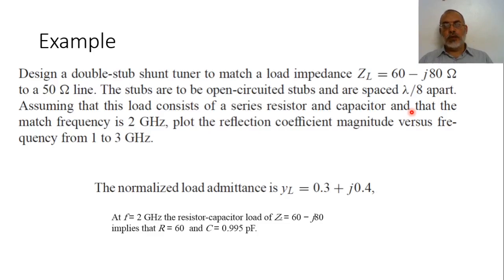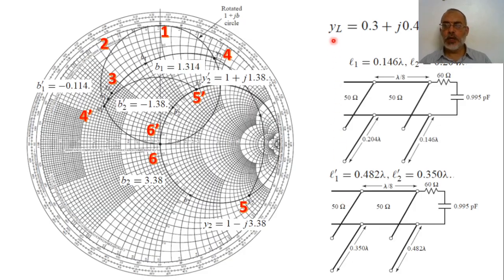Let us first start with the designing of the double stub tuning circuit. As we said, the distance here between the two stubs is lambda by 8 and is based on open circuit stubs, and Y load normalized is 0.3 plus j0.4.